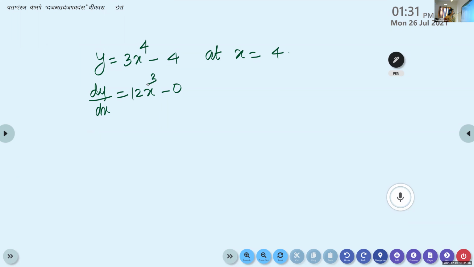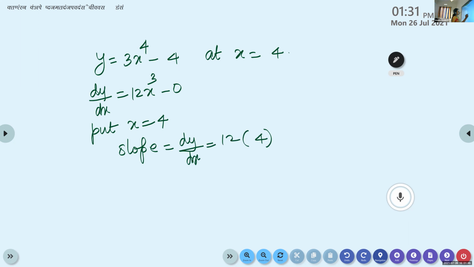So we get 12x cube minus 0. Now you substitute the value for x. X is 4. So what will be the slope? Slope will be dy by dx is equal to 12 into 4 cube. So simplify, you'll get the answer.